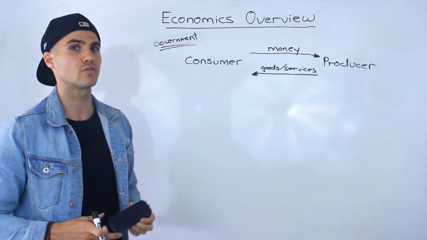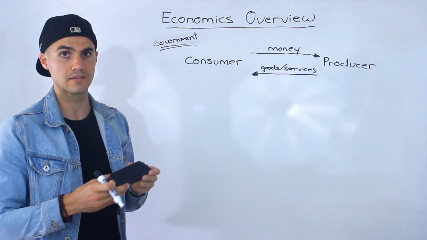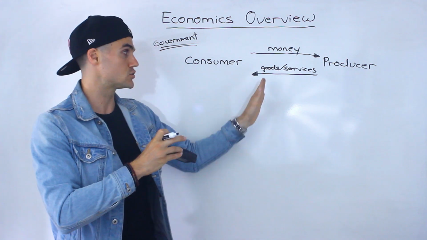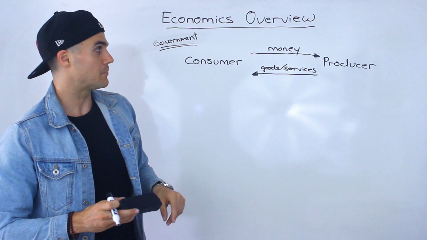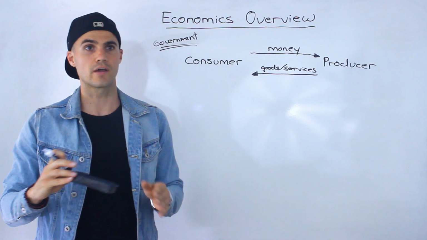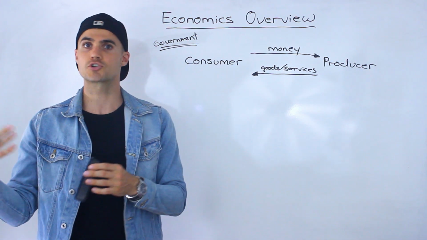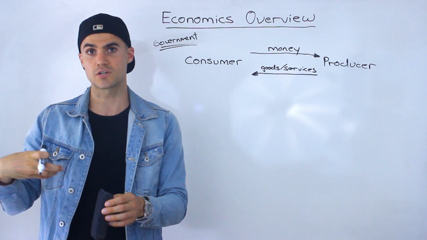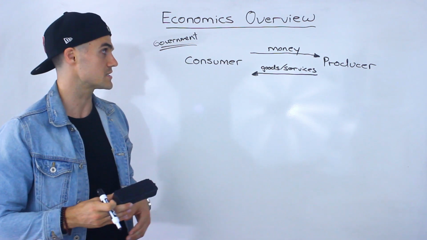But in this video, we're going to focus more on income that you've made, that money that you received as a consumer, which you then use to buy goods and services from a producer. Income can also be classified into different things, as we'll see later on. It could be labor income, wages from your job, or if you have real estate, it could be rent that you're receiving, or if you have investments, it could be interest. So income can come from different sources.